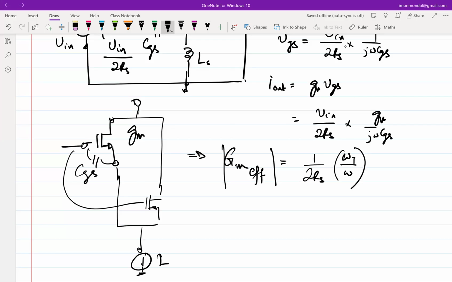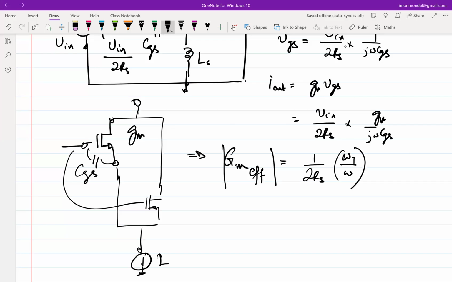If you have to keep current constant, the other two should change simultaneously. You cannot change one. Correct? So now, if I keep W by L the same and I reduce V overdrive, will GM increase or decrease? It will go down, right? So essentially, if I have to increase GM, then I have to go up on V overdrive.